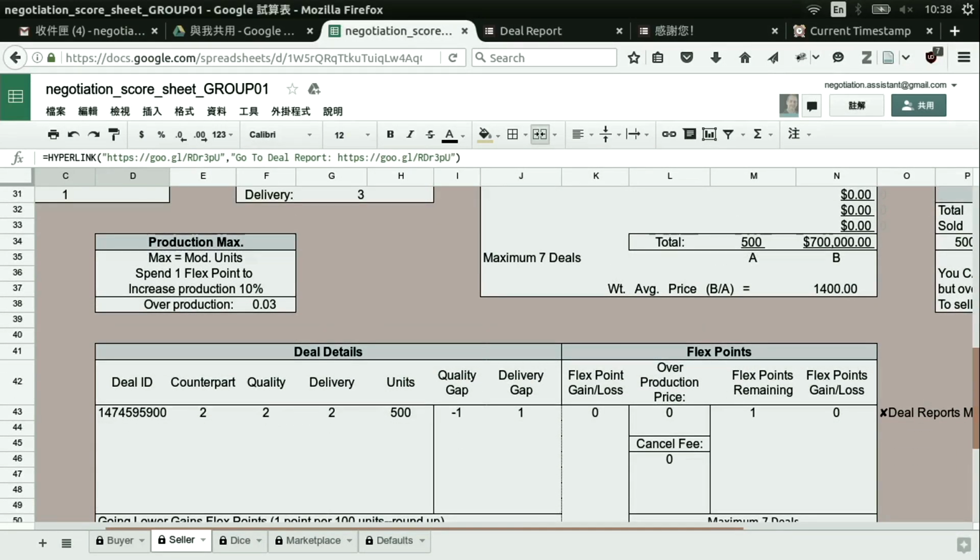Now once I make the change, for example, maybe in this case group 2 did not choose high quality on purpose, they just made a mistake, they thought they could do that. I go into the database, I can change that, and once I've changed that, the data will come through to your spreadsheet, or next time you refresh it'll come through and you'll be able to see that the deals actually match after I made that change you requested. So if you make a mistake, that's okay.